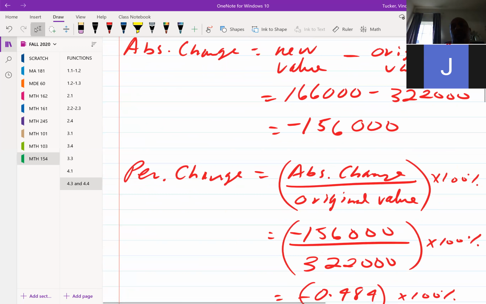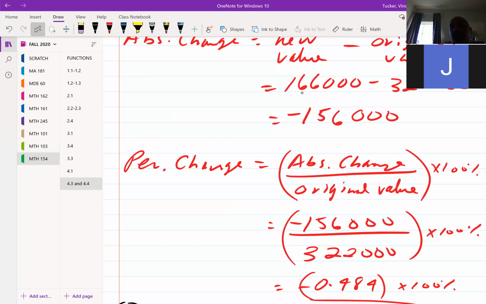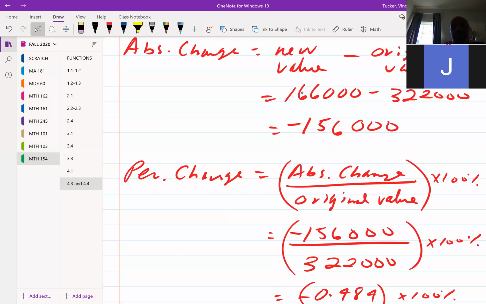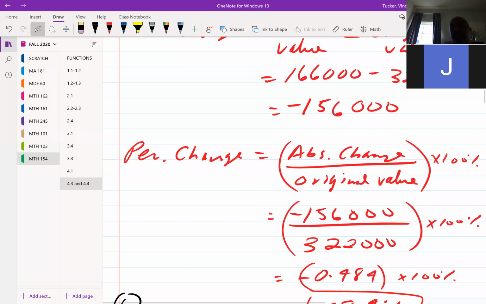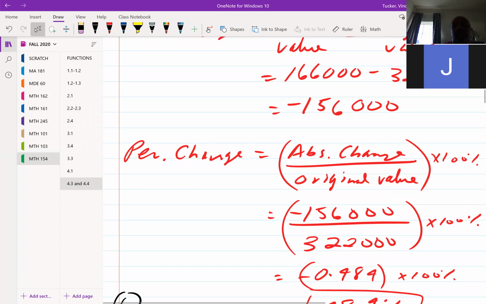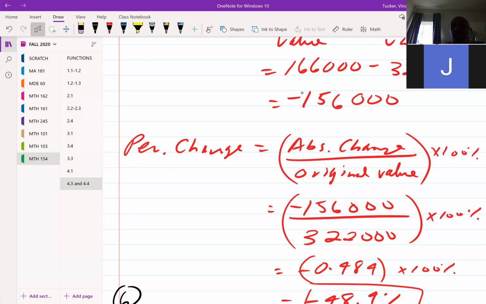And always, if I scroll up too fast, let me know. Of course, I can't see anyone, so I don't know if you're done writing or not. Your percent change will be the absolute change of negative 156,000 over 322,000 times 100%.